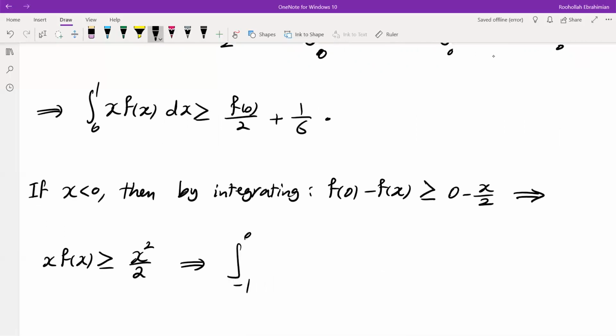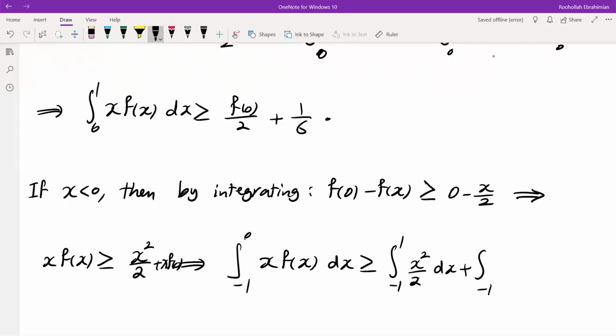So I'll get the integral from negative 1 to 0 of x f of x dx is greater than or equal to, since I multiplied by negative x, I have x f of 0 on this side, the integral from negative 1 to 0 of x squared over 2 dx plus the integral from negative 1 to 0 of x f of 0 dx.